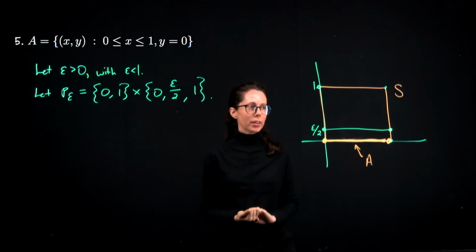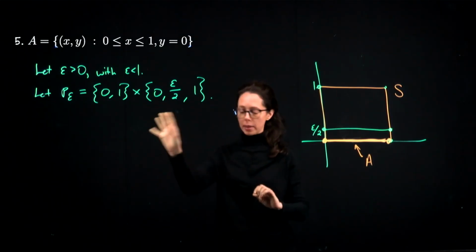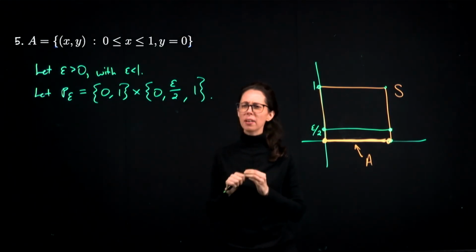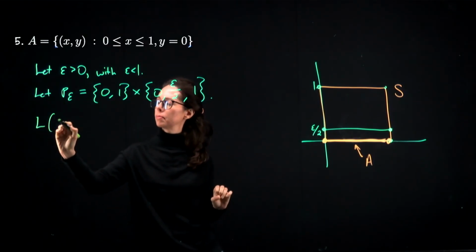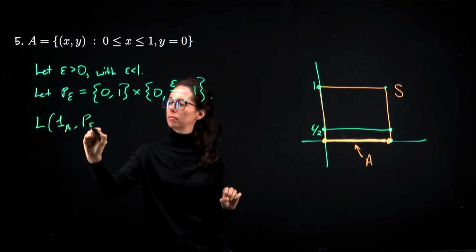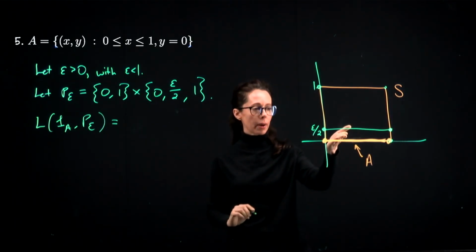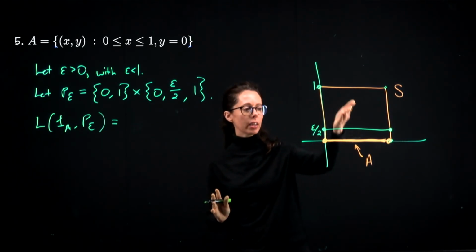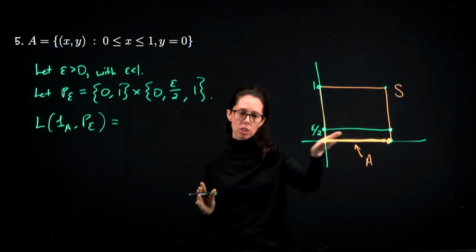What are the upper and lower sums of the characteristic function of A, that's set down here, with respect to this partition? I'm not going to write out a whole proof with words. Let's just do the computation. If I look at, say, this subrectangle, let's call this one the first one, and then the second one, the subrectangle, it's a rectangle in R2, so it's more than just a line segment.